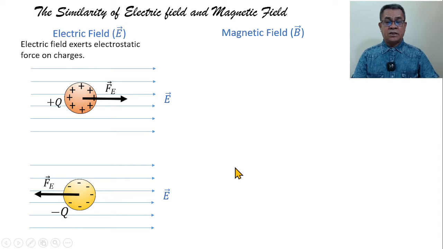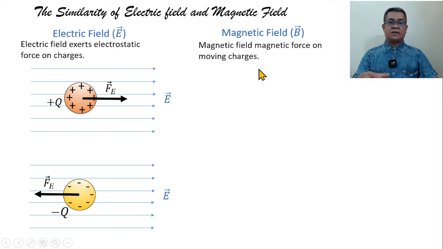Now, what about the magnetic field? The magnetic field exerts a magnetic force on moving charges, meaning there must be a magnetic force if that charge travels in the presence of a magnetic field.